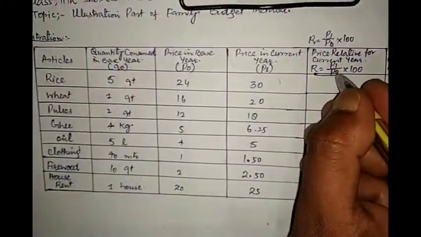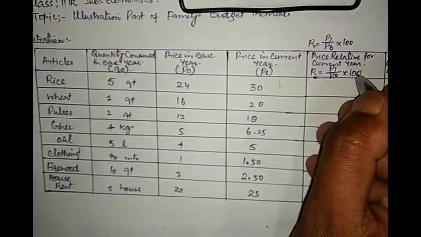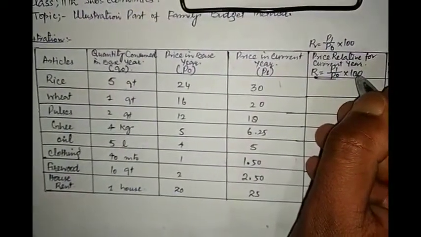R is equal to P1 divided by P0 into 100.